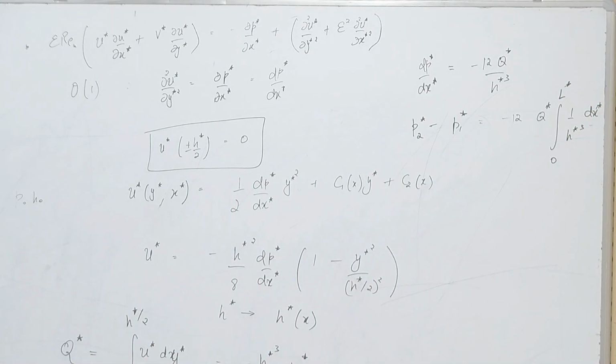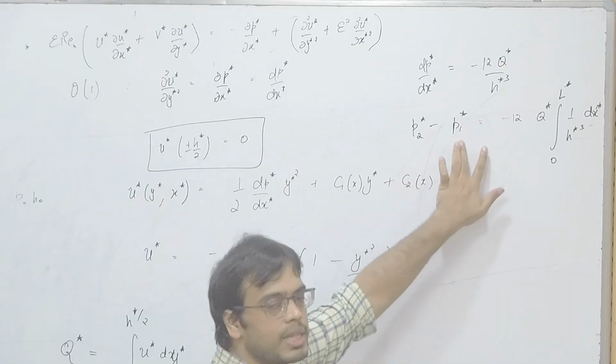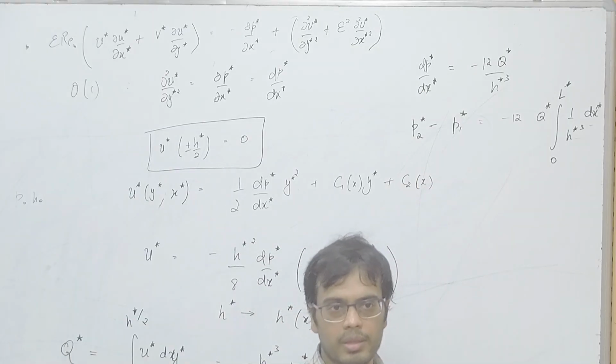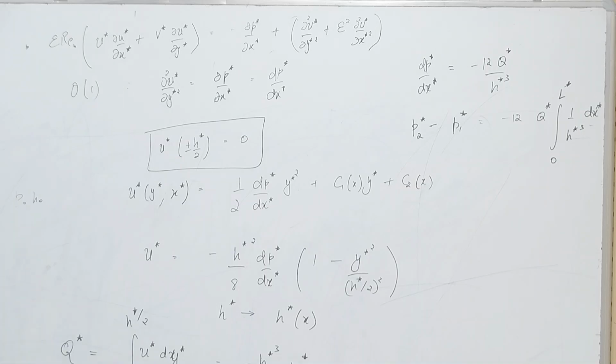Of course, P2 has to be less than P1 to maintain a flow rate in the x direction, right. So, that is why there is a minus sign there.